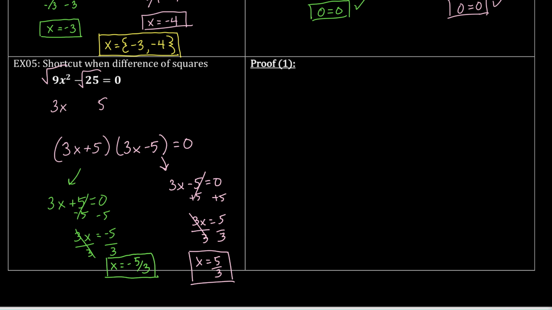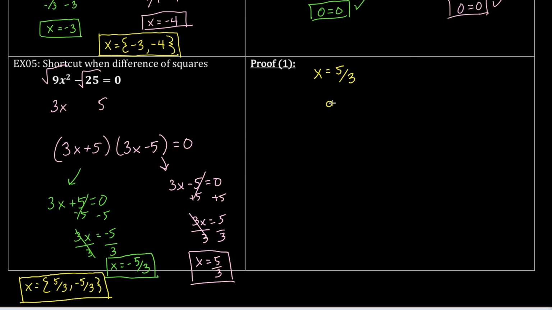You can just prove one of them. But actually, before we do that, x can be 5 over 3 or negative 5 over 3. Let's just prove the positive one, okay? x equals 5 over 3.